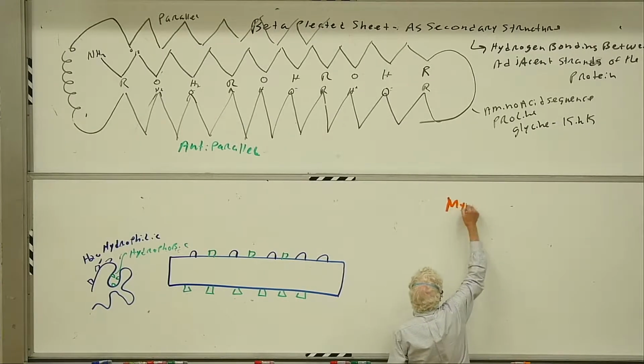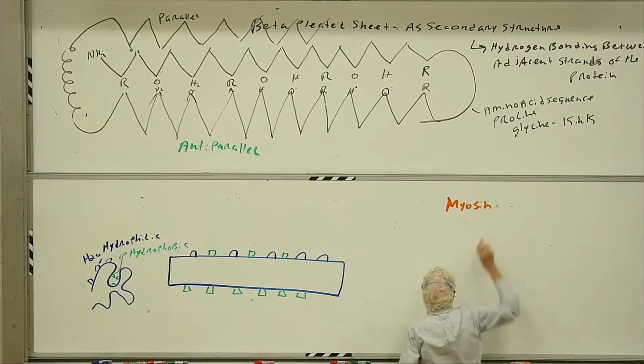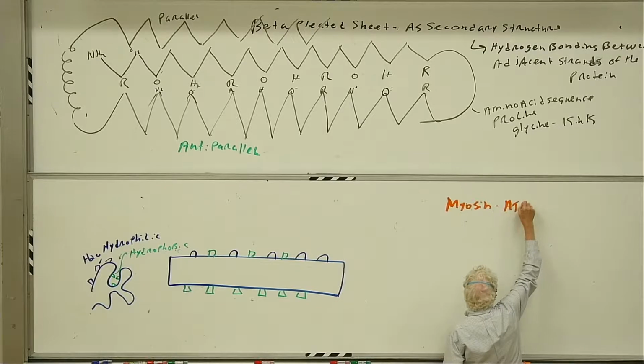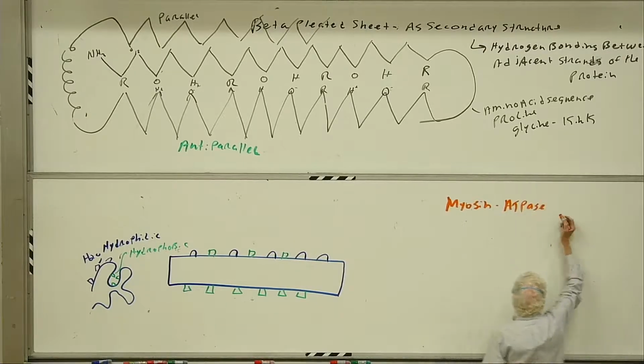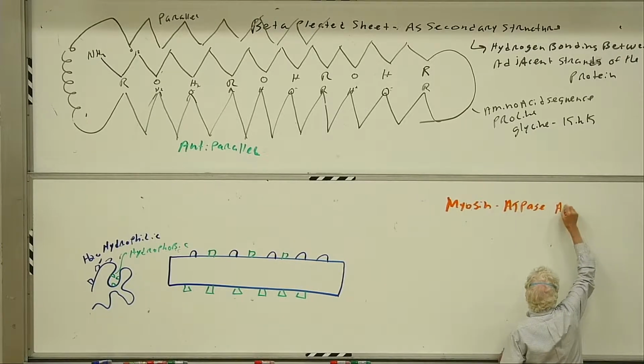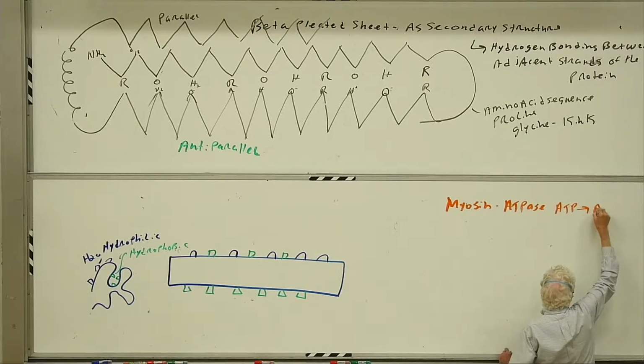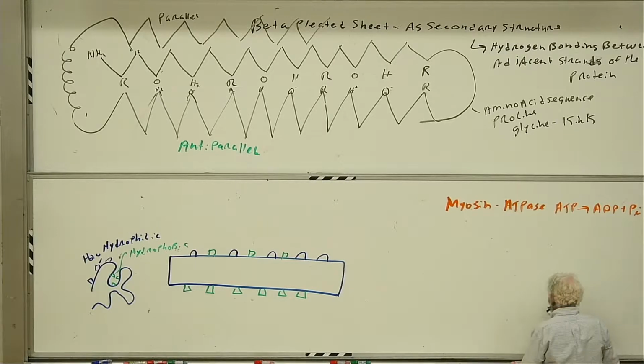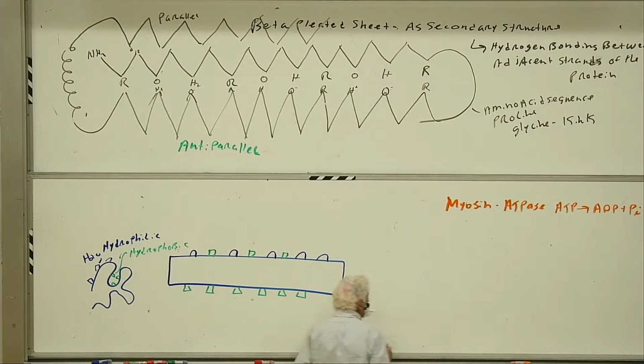Myosin, we'll see later, is something known as an ATPase. It converts ATP into adenosine diphosphate plus inorganic phosphate. It's an enzyme.